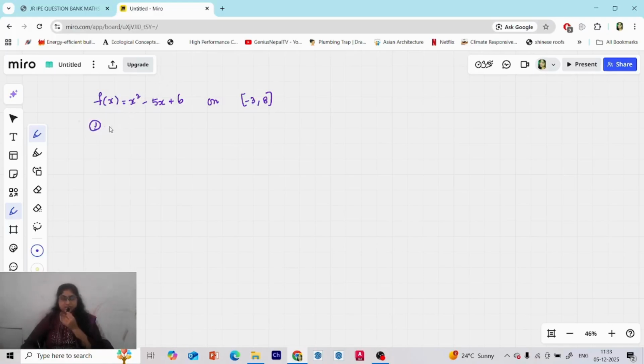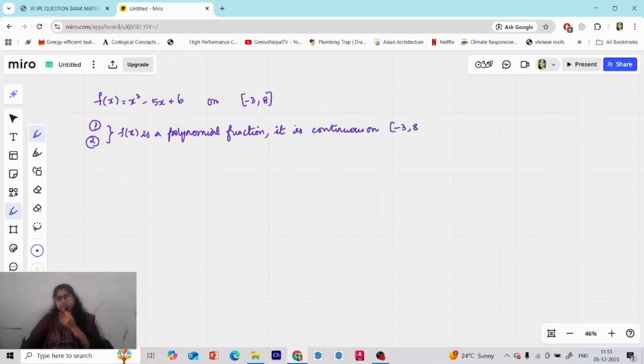Why? Because this is a polynomial function. So since f of x is a polynomial function, both these conditions are satisfied. It is continuous on.